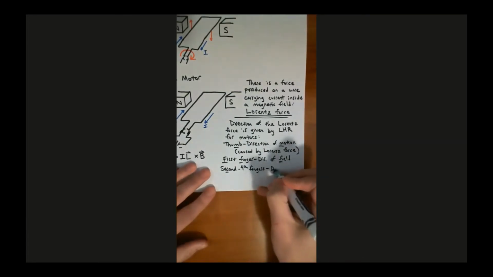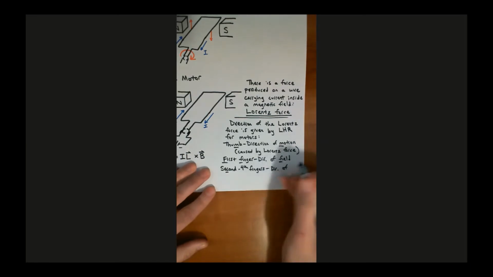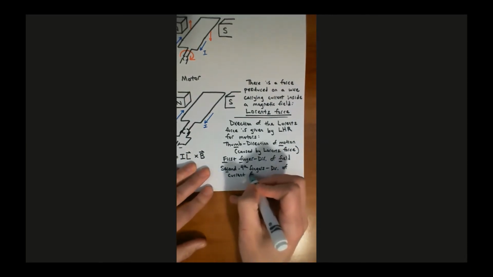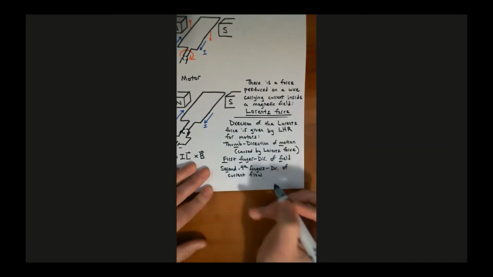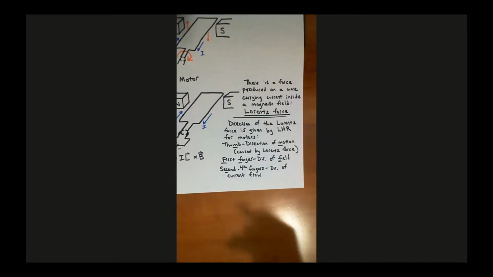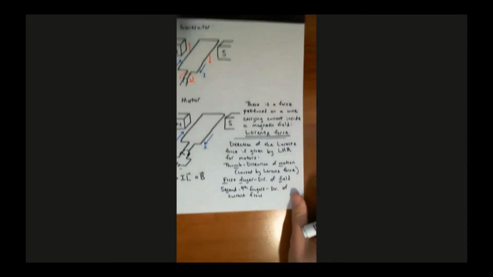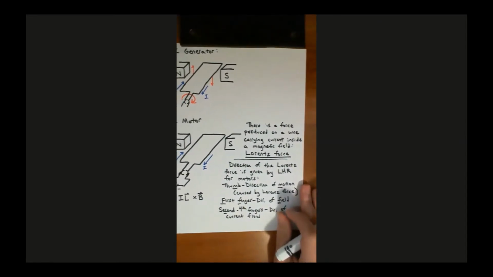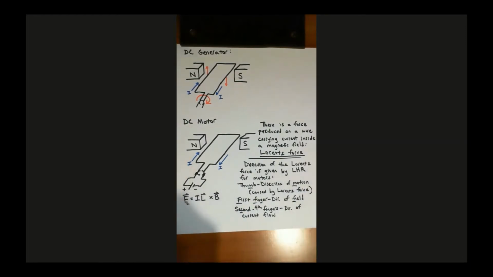It's the direction of current flow. Direction of current flow through the wire or through the armature. Anytime you've got current flowing through a wire in the presence of a magnetic field, you're going to get a Lorentz force.